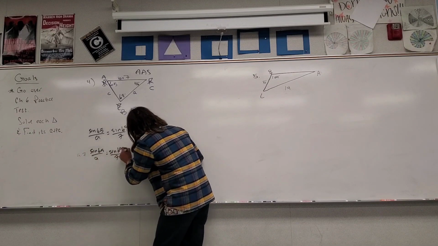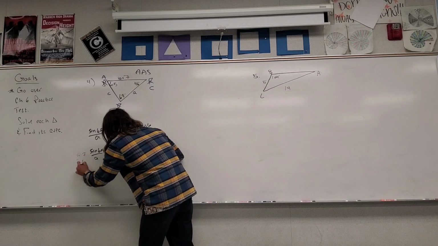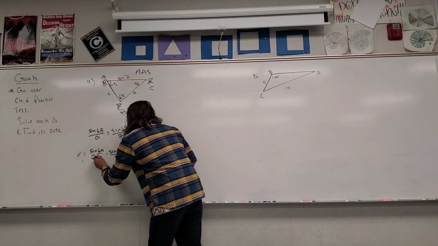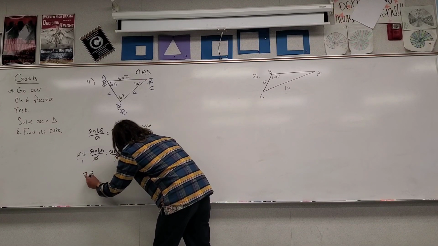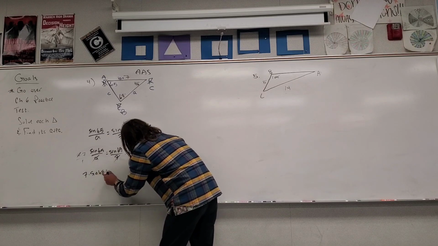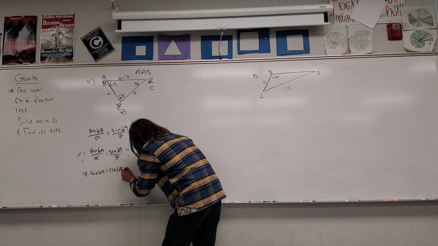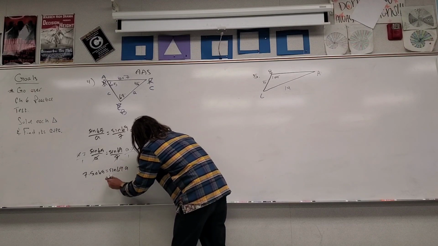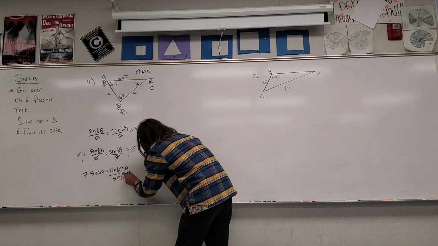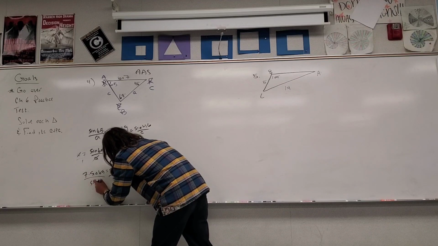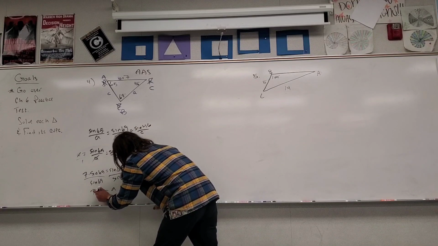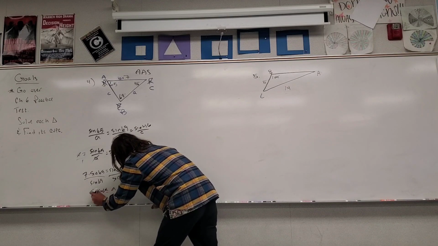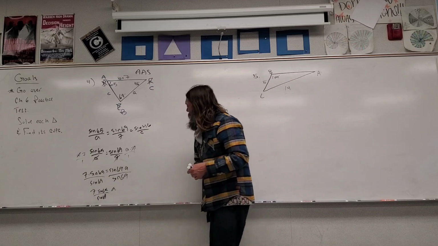So A times 7, A times 7, and on the left the A's cancel, and on the right the 7's cancel, and I'm left now with 7 times sine of 65 equals sine of 69 times A. Let's divide away the sine of 69. That means the length A is equal to 7 times the sine of 65 divided by the sine of 69.